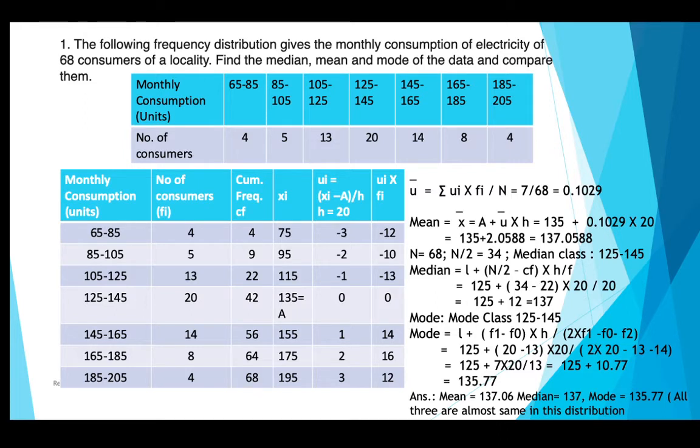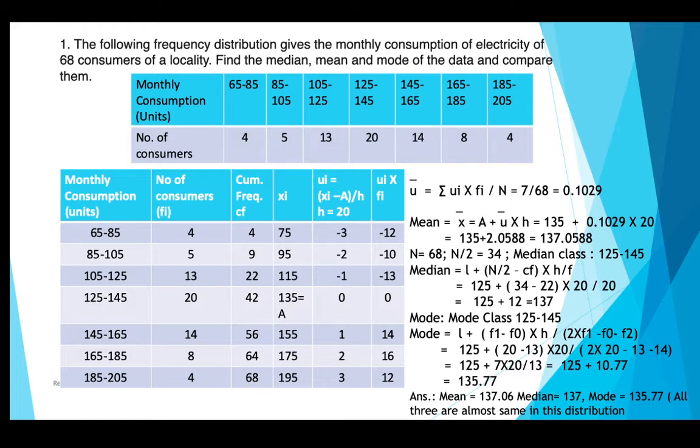Now it's a very simple calculation. Use the formula median equals L plus (n by 2 minus CF) multiplied by H divided by F. Now let us see. 125 is L, plus 34 minus 22. 34 is the n by 2 value. 22 is the cumulative frequency of the preceding class.